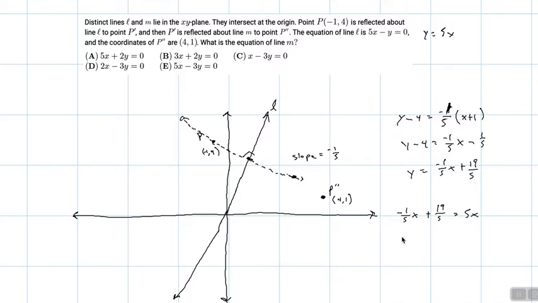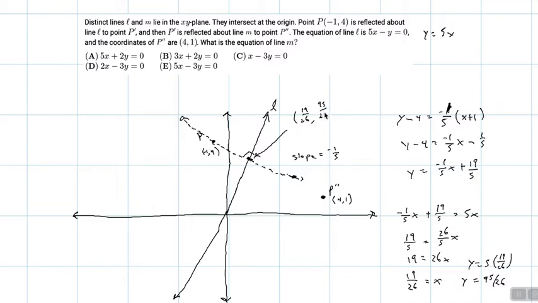Solving that out, we get 19/26 is equal to x. So y is equal to 5 times 19/26, so y is equal to 95/26. So that point right there is the coordinate 19/26, 95/26.